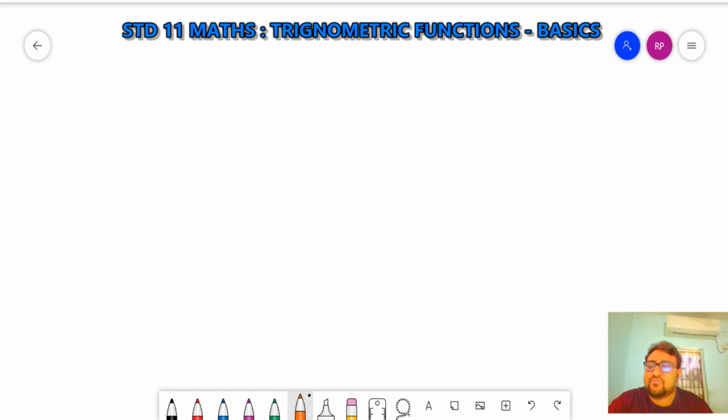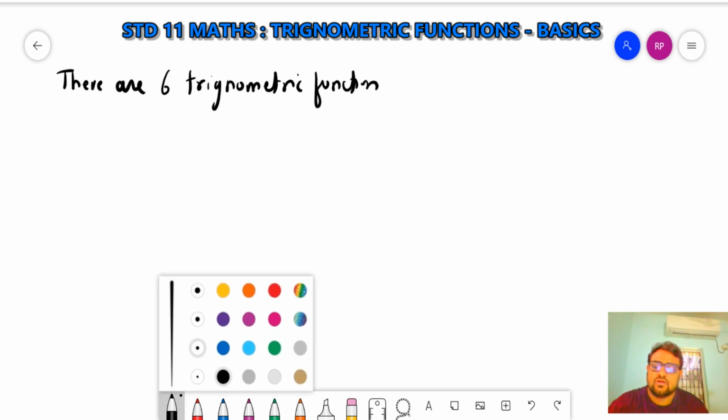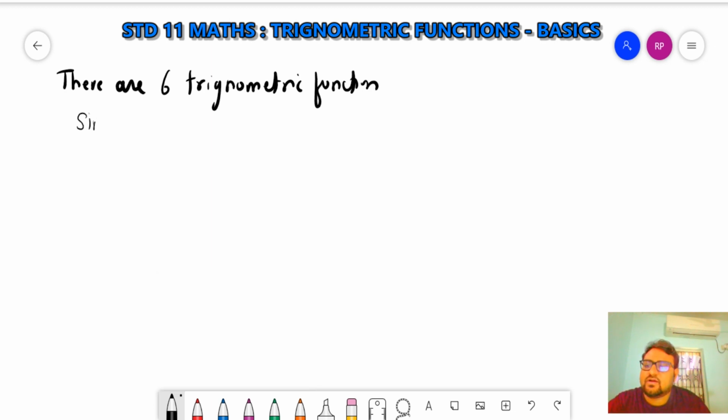Okay, so see, there are six trigonometric functions. They are sine theta, cos theta.